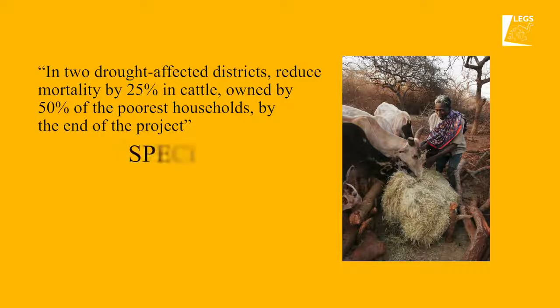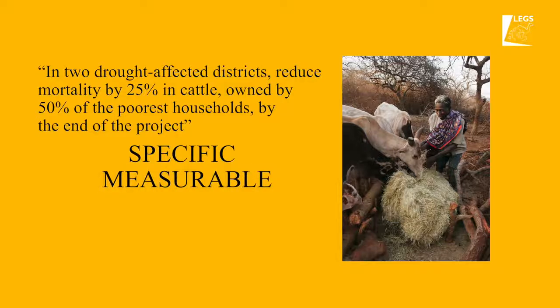If we look closely at this objective, we can see that it's specific because it specifies the project area and the types of livestock and household to be targeted. It's measurable because it defines the geographical area of the project and quantifies the expected impact in terms of reduced mortality and the proportion of households to be reached. It's achievable because the proposed reduction in mortality is based on previous evaluations showing that a 25% reduction in mortality is realistic.